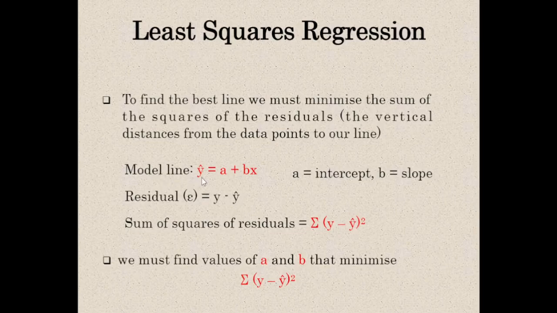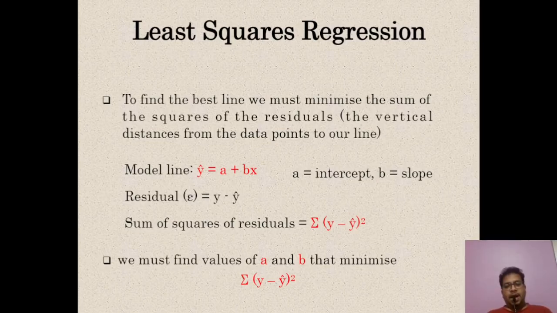So we have seen the model line, that is just the equation of a straight line, y is equal to a plus bx. अब यहाँ पे a क्या हो गया? इंटरसेप्ट है. b क्या होगा? स्लोप. तो अगेन यहाँ पे x क्या है? इंडिपेंडेंट डेटा. y क्या है? डिपेंडेंट डेटा. And what is residual? एप्सिलॉन वैल्यू क्या है? एक्चुअल वैल्यू माइनस द प्रेडिक्टेड वैल्यू.